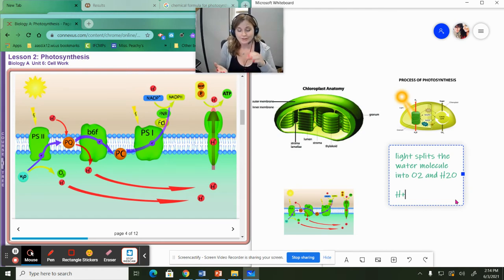Remember that an atom is protons, neutrons, and electrons. Hydrogen ion is just a single proton, no electron because it's been ionized, and it has no neutrons. So all it is is a proton, but we abbreviate it H plus, knowing that it's hydrogen. So hydrogen ions move inside the thylakoid membrane.